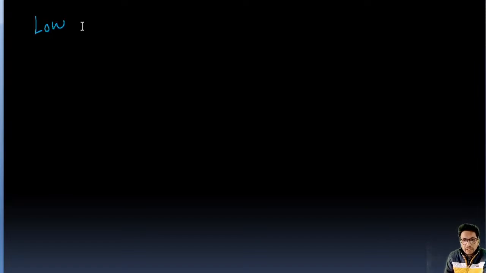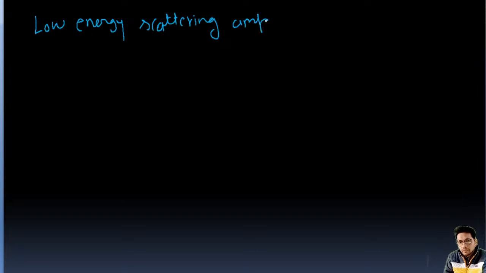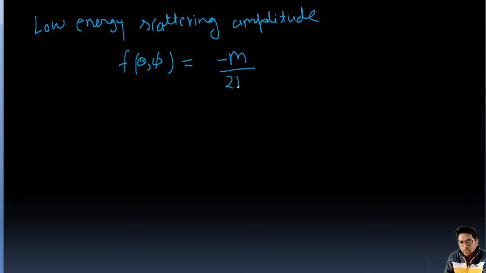At low energy, the scattering amplitude f is given by f equal to m upon 2 pi h cut square, times V naught, the potential, times 4 by 3 pi R cube.